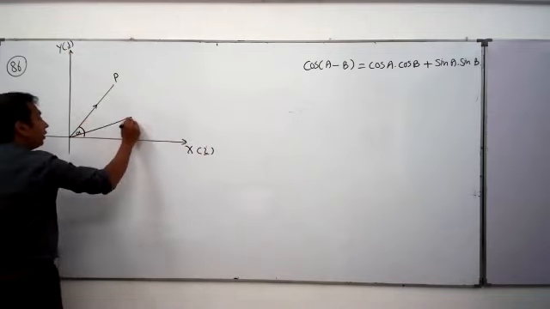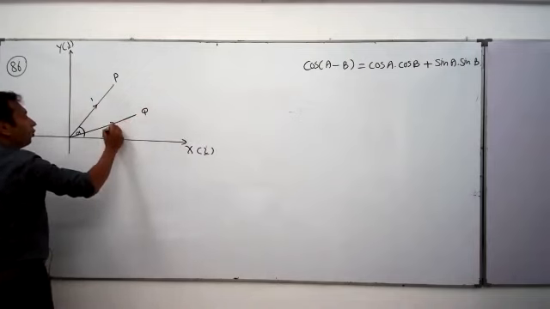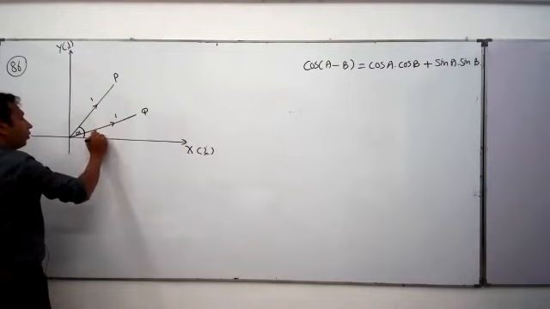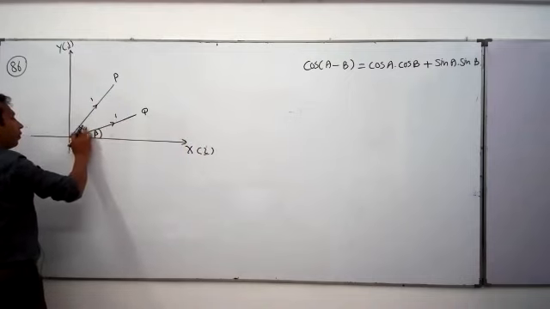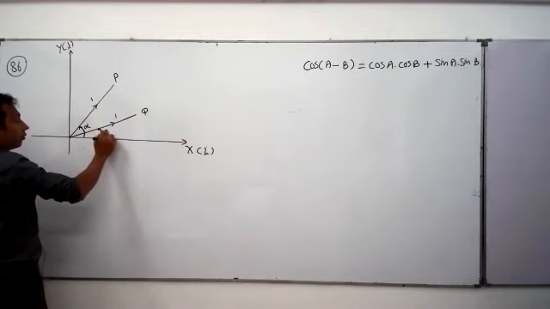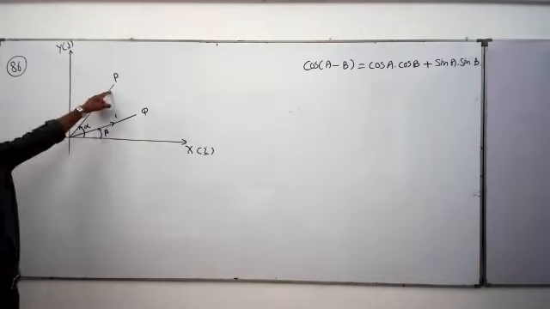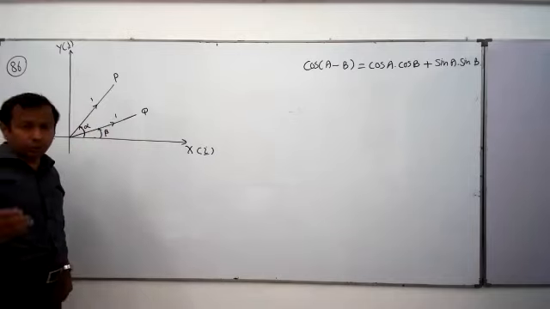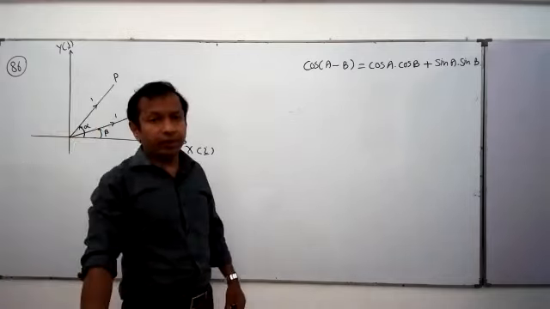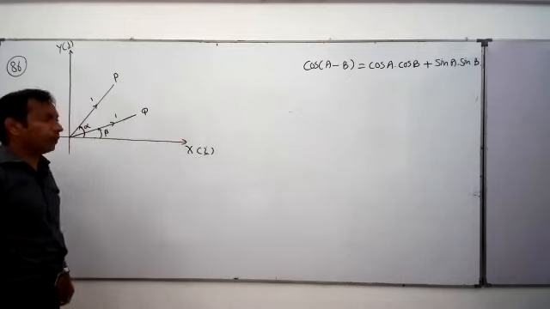Another, Q, we take this way, also a unit vector, making this angle beta. This angle is alpha. This is beta, right? Now, if OP and OQ are two unit vectors, we can write them.